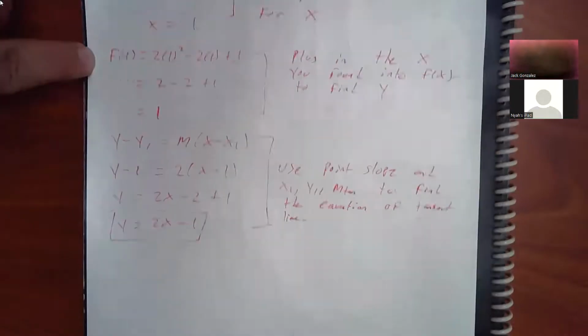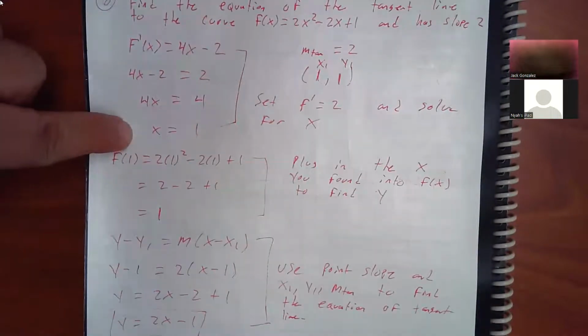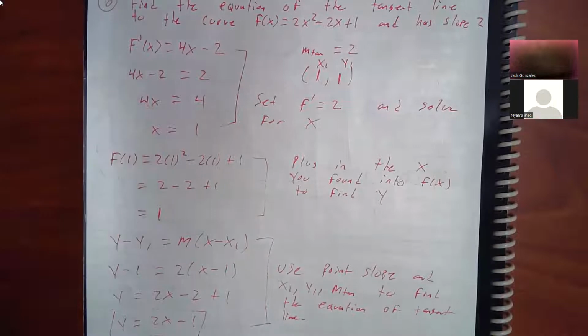We set it equal to the derivative like before to find the x. Then you plug that x into the original to find the y. But you gotta remember what the functions are doing. The original gives you location of the graph, and the derivative gives you slope.